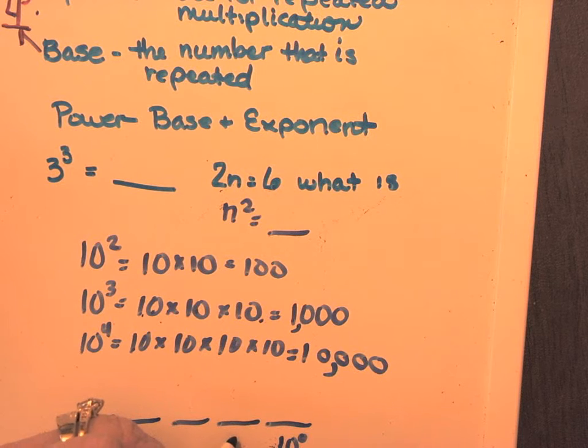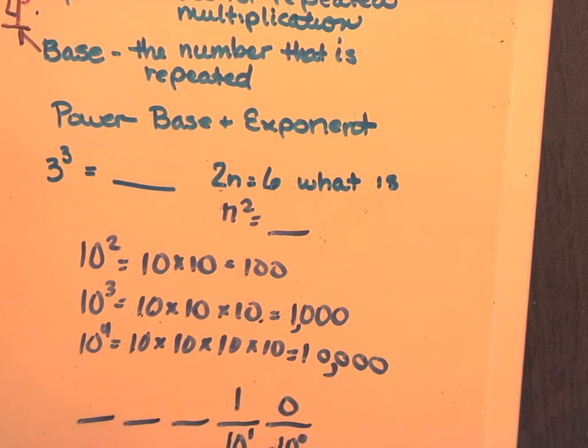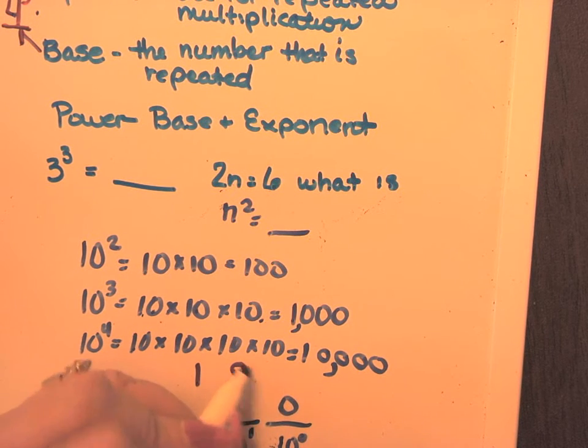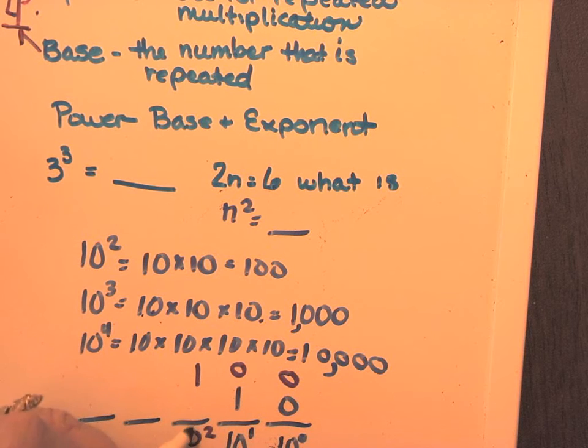Then the tens column is like having 10 to the 1st power, because 10 times 1 is 10, and that's exactly what we get here. If I had 10 squared, that would be 100, and that's where I'm at, in the hundreds column.